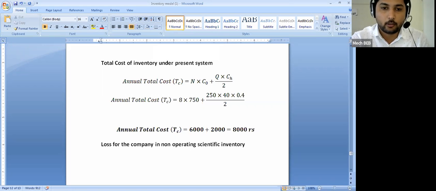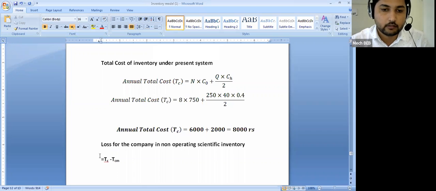The loss is equal to capital T suffix C minus capital T suffix CM.